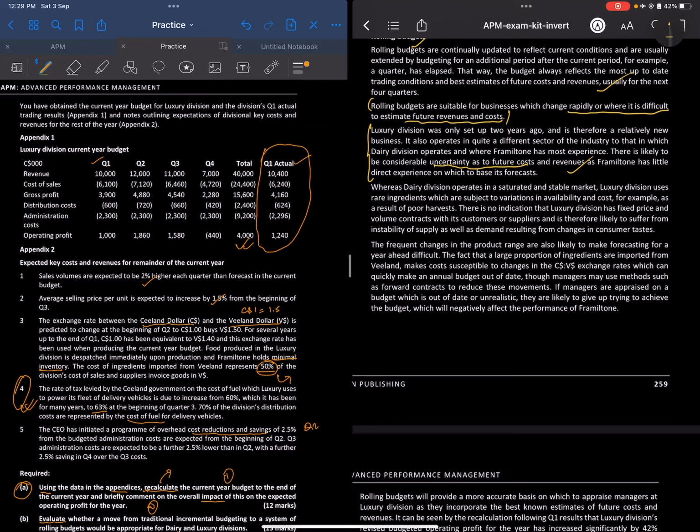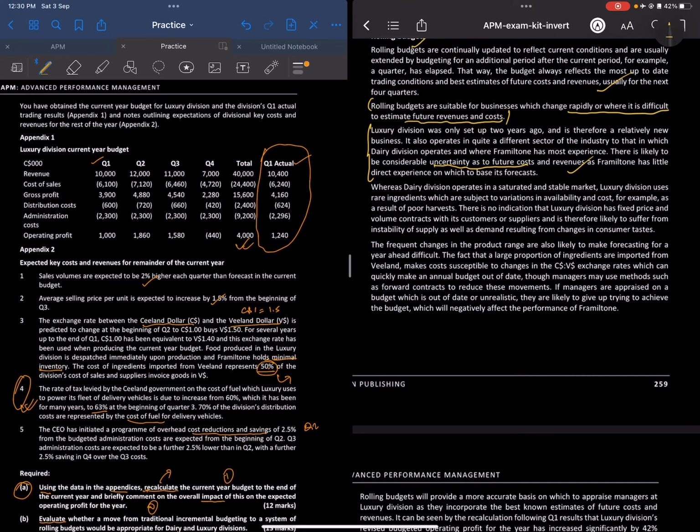So what happens? Since they are relatively new, they might have very little experience in terms of forecasts, right? They are using incremental budgeting, so they are very new to the world of forecasting. So there will be uncertainty as to how to estimate costs and revenues.